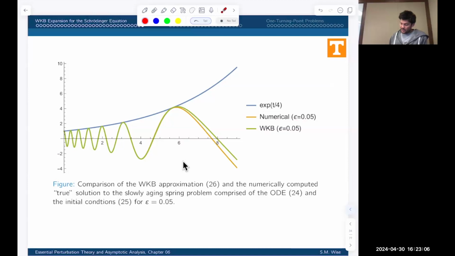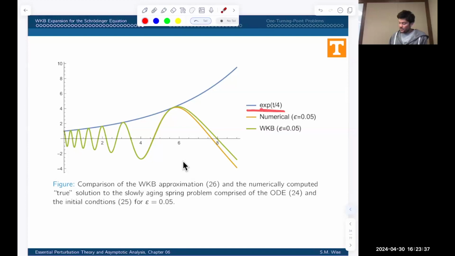And the approximate solution using the WKB method, and here I've chosen epsilon equals, sorry, 0.05, plus 0.05. You can see that the WKB method approximates this pretty much perfectly up until some very late or very large time t, or in this case, tau equals 8.